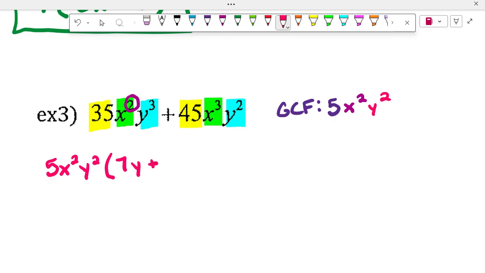Plus, what's 45 divided by 5? 9. x cubed divided by x squared? x. y squared divided by y squared? 1. Do 7 and 9 have anything in common? Nope, so we're done.